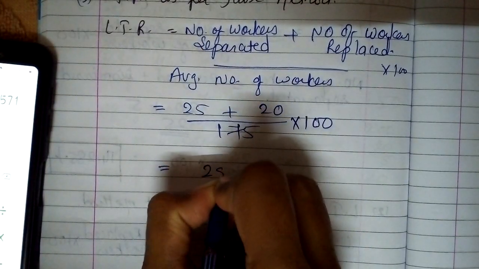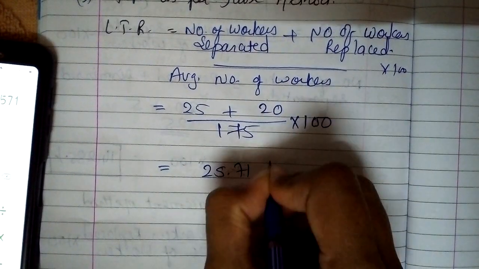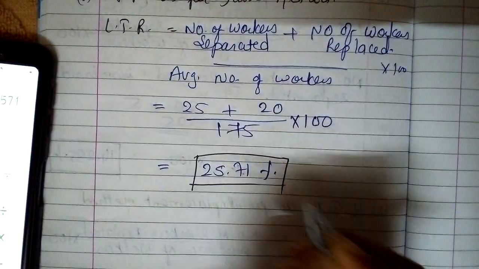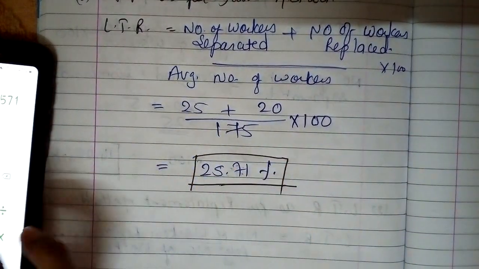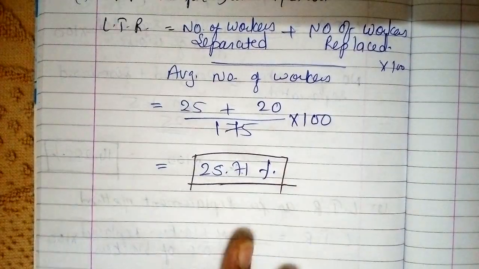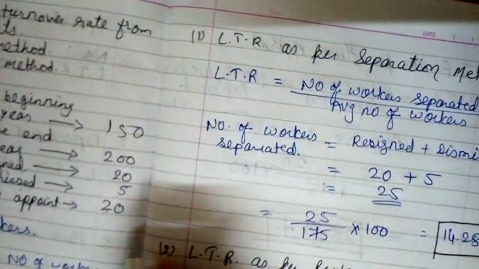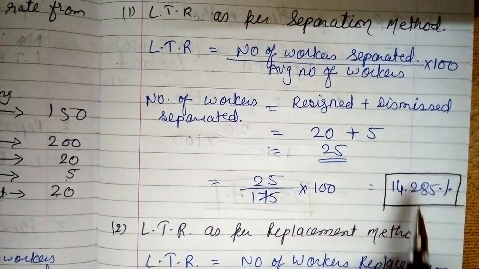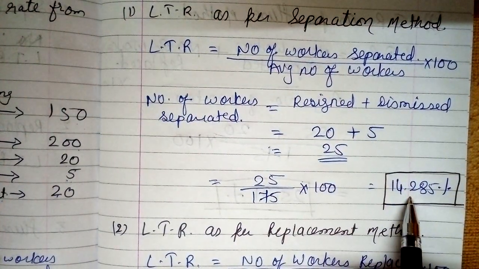So overall 25.71% are the workers who have left and separated from the organization. So simply we can say that this is out ratio because separated. So number of workers out 14%.